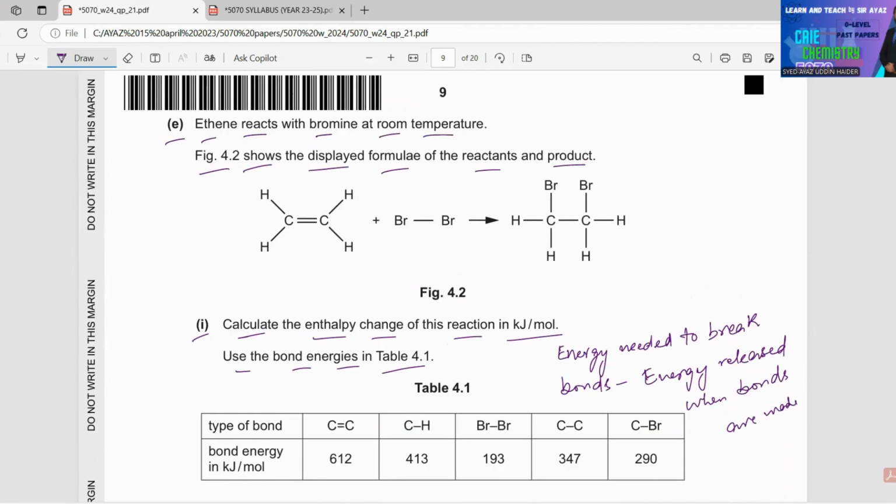You see, C double bond C, it's broken. So we have one C double bond C here. And we also have Br-Br. It's also broken. That's why we are getting the product here, which is dibromoethane.